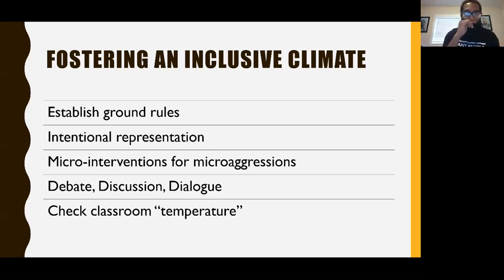The last piece here, and this is what I'll talk about in this slide, is to think about how, as we're having those discussions, as we're navigating microaggressions potentially in the space, as we're thinking about folks' adherence to our ground rules and guidelines, making sure that we're constantly checking the temperature of the room when it comes to our classroom setting.